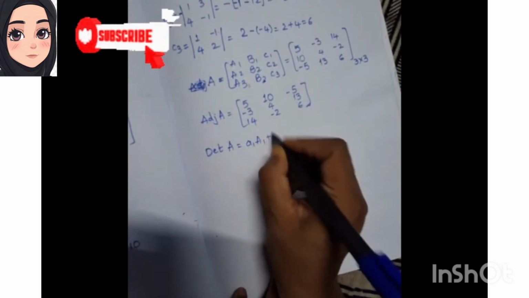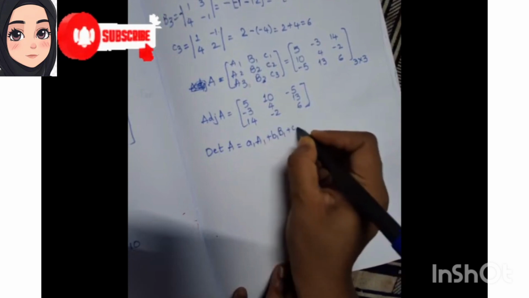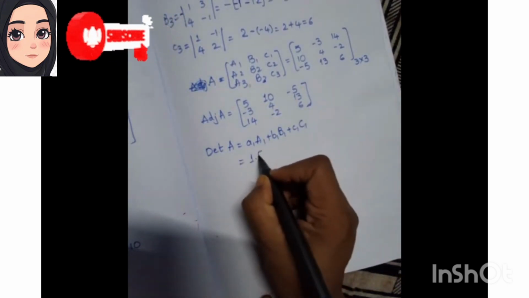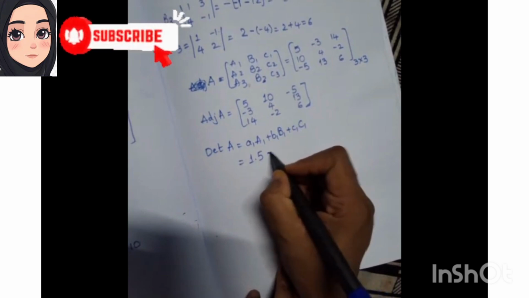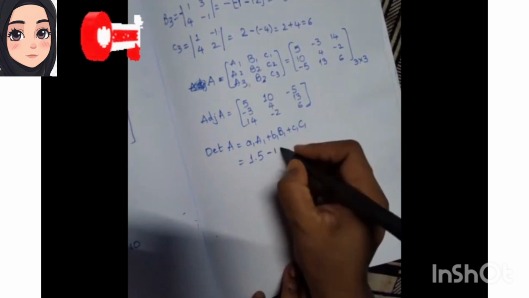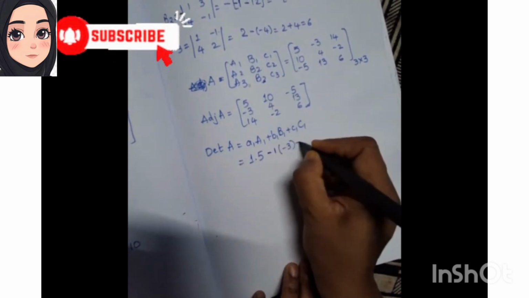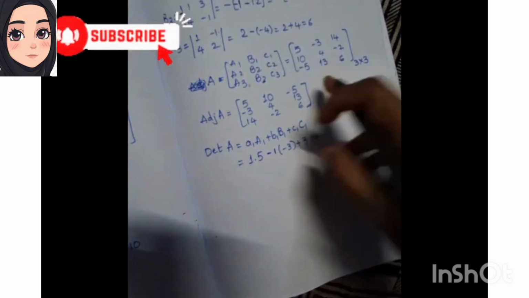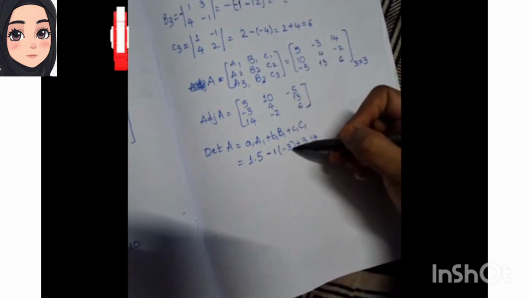Okay, this one: 5, minus 3 and 14. Now 5, minus into minus plus 3, 14s are 42. This one is 50. Okay, children, we have obtained the value of determinant of A.